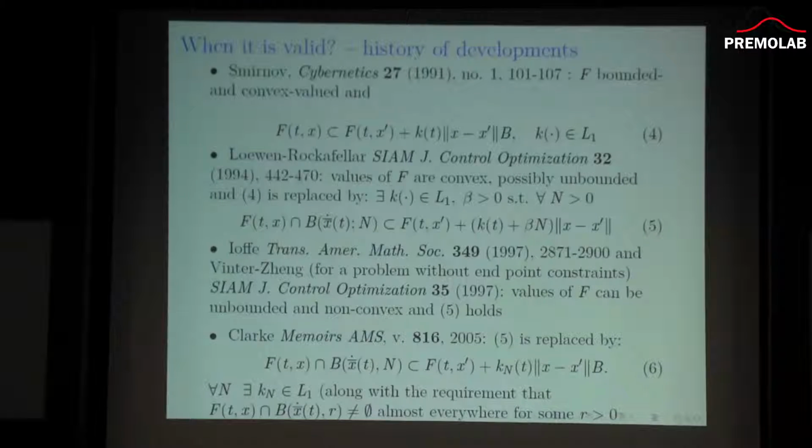This is precisely that: Hausdorff-Lipschitz with Lipschitz constant k(t), which is summable. Then Loewen and Rockafellar dropped the boundedness condition, and it was a very non-trivial step, because assuming that type of Lipschitzness for unbounded sets is a pretty strong requirement.